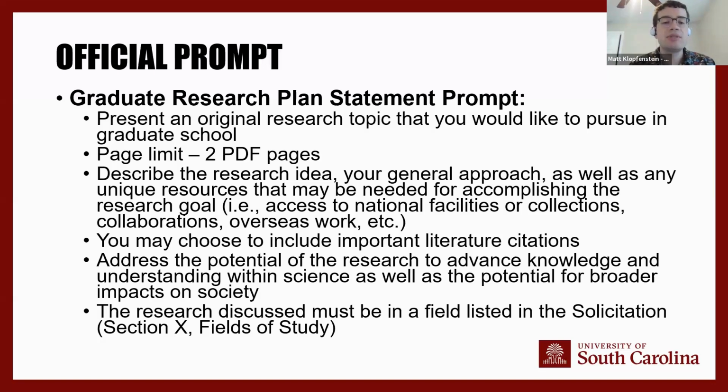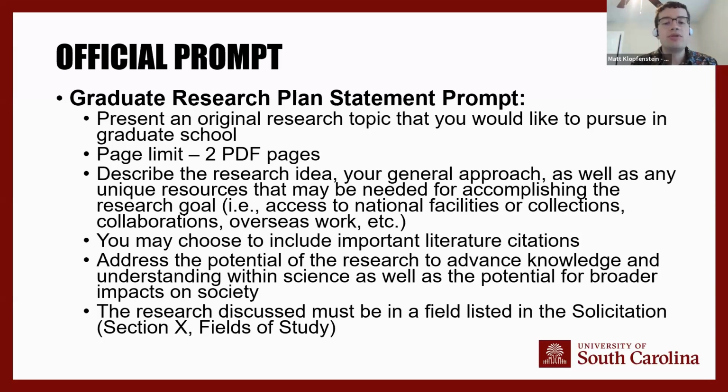But this has traditionally been the precise instructions when you log into the portal and create your profile there around the graduate research statement. So they ask you to present an original topic you would like to pursue in graduate school, two-page single-space limit. Describe the research idea, your general approach, any unique resources that may be needed for accomplishing the research goals.